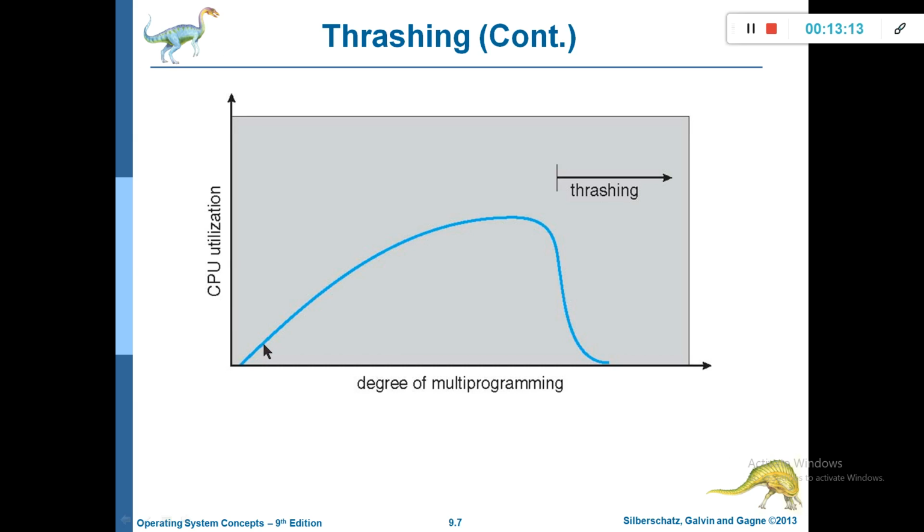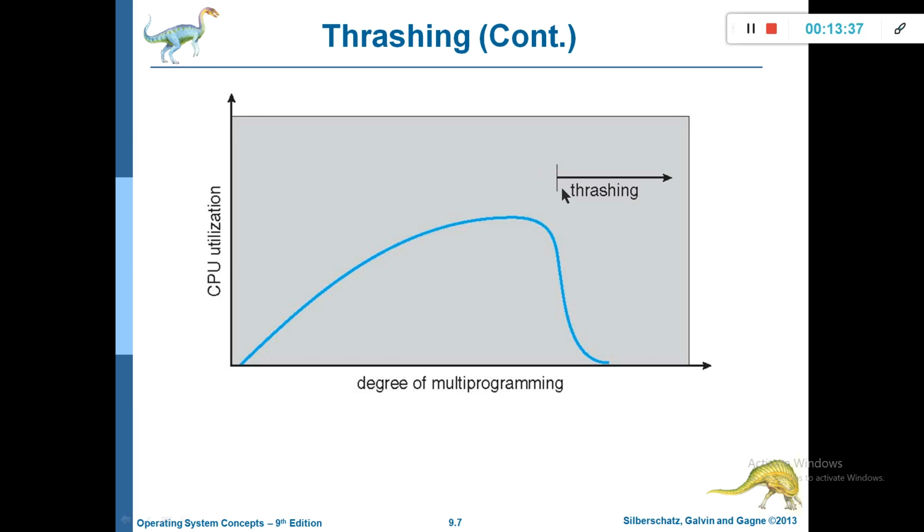So when the degree of multi-programming goes on increasing, not all the processes are in the memory. Part of the processes are in the memory to begin the execution, and the remaining part is in the backing store because there is a lack of free space in the physical memory. As you know, the size of the memory is limited.